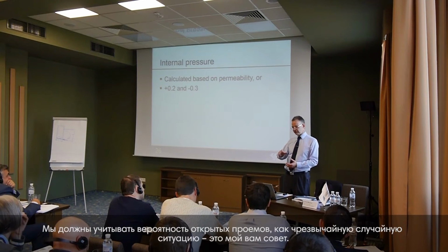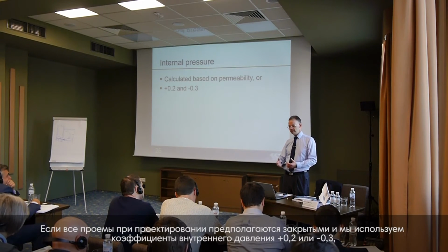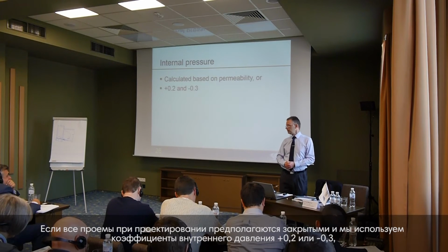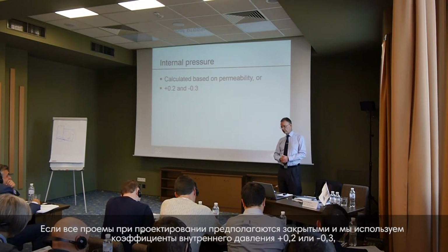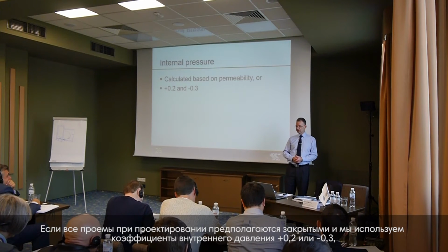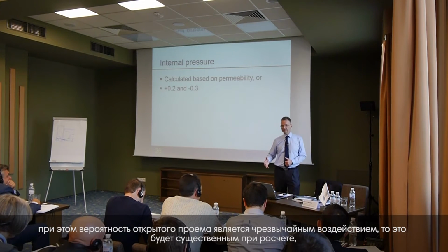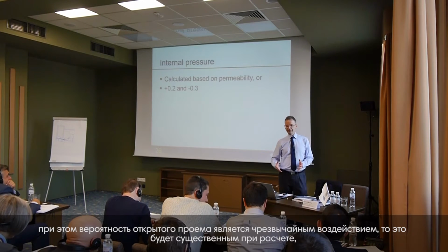We must consider the door being open as an accidental situation. So that would be my recommendation to you. I would assume that all the doors and the windows are shut and use the internal pressure coefficients as plus 0.2 or minus 0.3, but then consider the accident of the door being open.